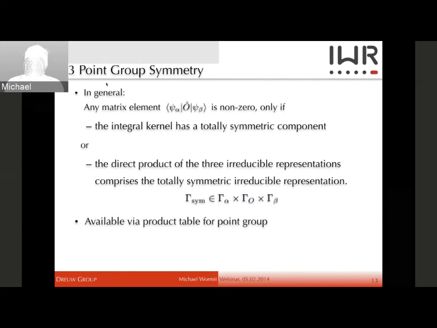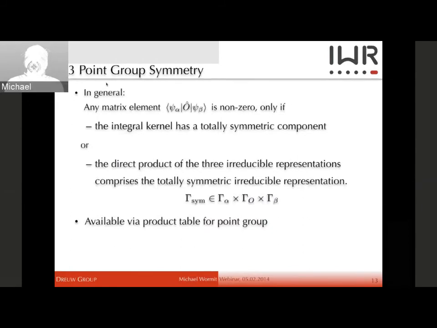To evaluate this direct product, you can look up the product tables for any point group. They are available on the internet, and there's also a way to calculate this, but that goes much deeper into point group symmetry than I wanted to go today. So if this is not the case, then you can neglect these matrix elements.